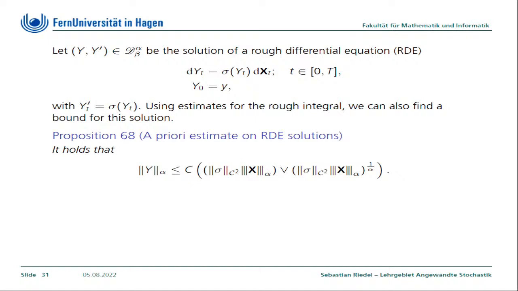What you need here is that the solution is really in the same sense as before, so that the derivative is given by sigma applied to y. If that is okay, you can bound the alpha Hölder norm of the first component by the rough path norm, basically. Here you only need C2 now, not C3 as for the contraction; for guaranteeing existence and uniqueness we needed C3.